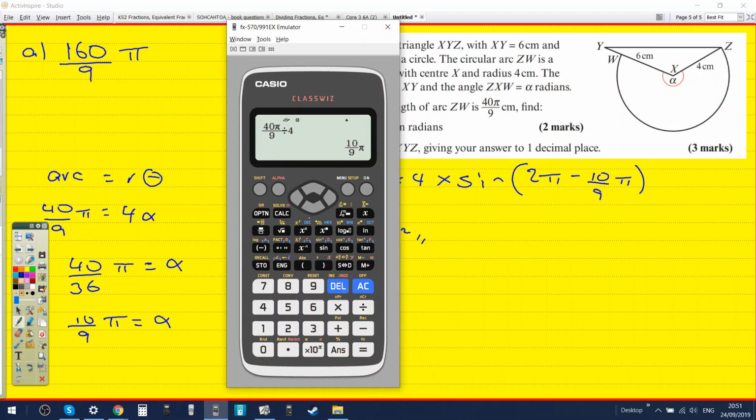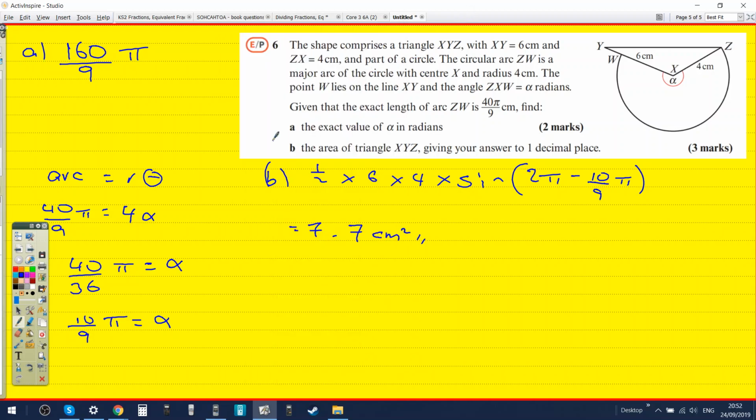Do times a quarter, because what you're doing is dividing the bottom part of it by 4. Okay, I did it the way you just did it. So that's a different thing. This is doing times by 4, because of keep change flip. So times by a quarter or divide by 4, and you get 10 over 9 pi.